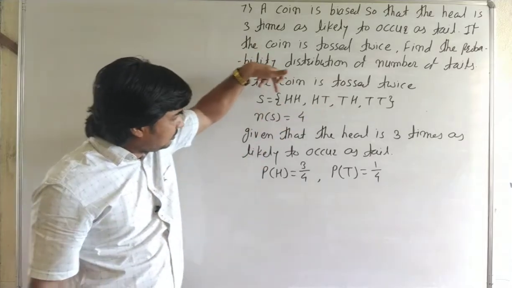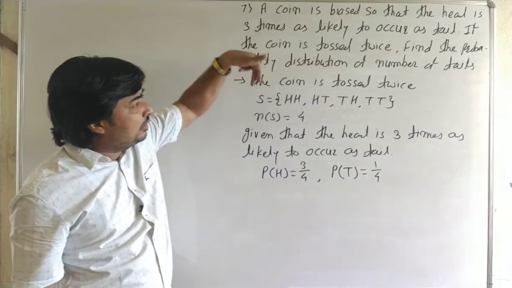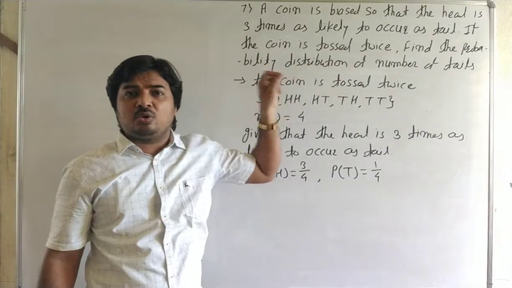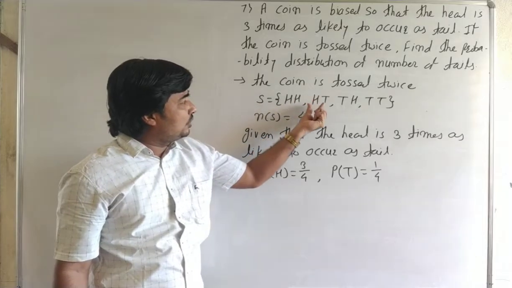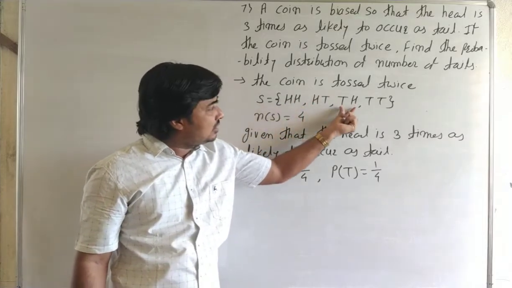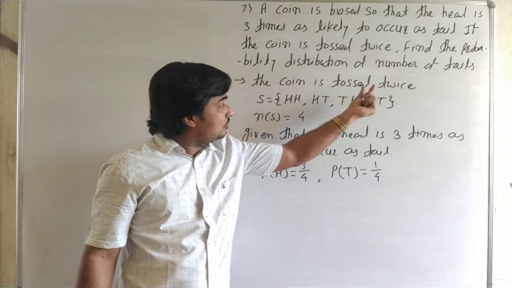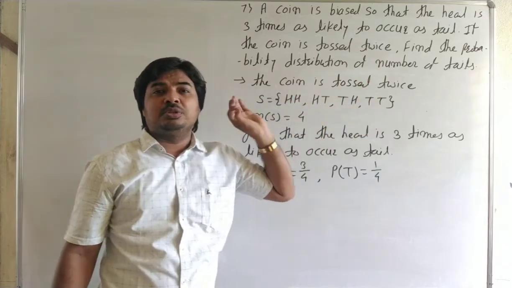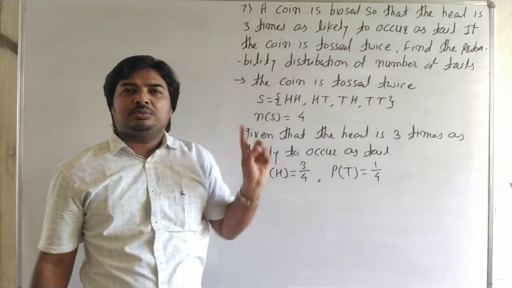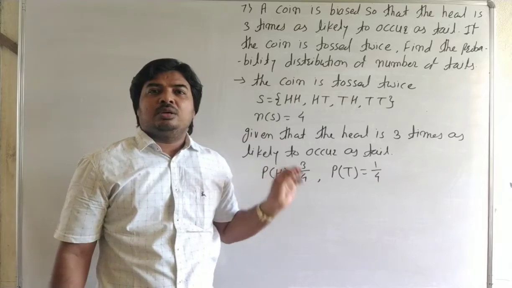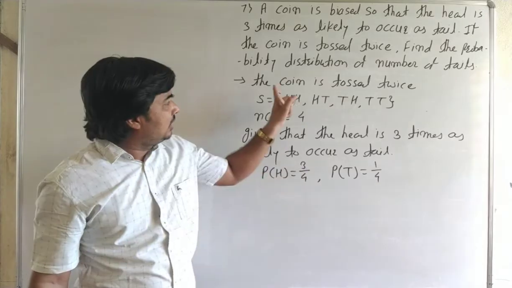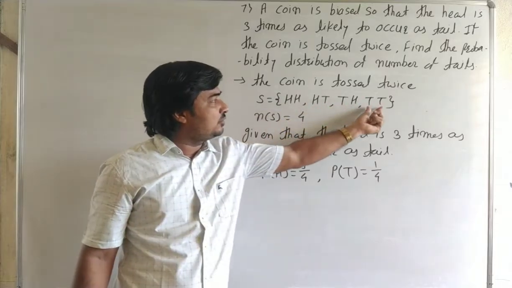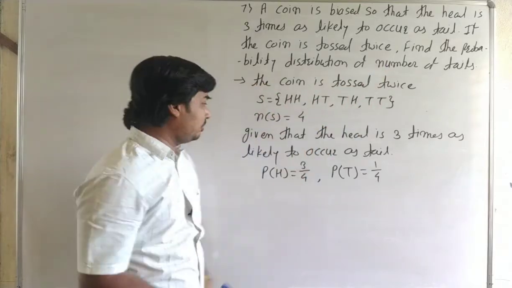Okay, and here are the total outcomes. When we count the number of tails in each outcome of the sample space, the number of tails is 0, then 1, then 1, and then 2. That means the random variable X takes values 0, 1 and 2, because we want to count the number of tails.